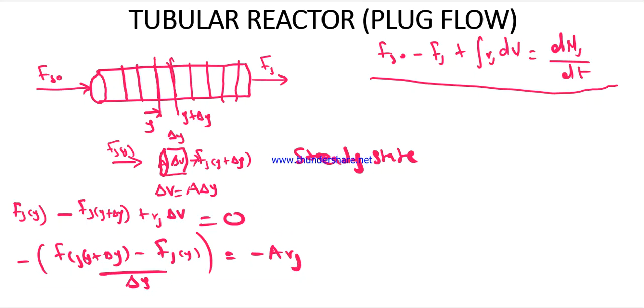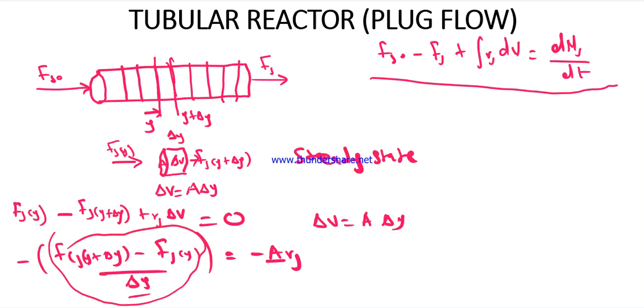Remember I said delta V is equal to A delta y. So that is why we have A and delta y here. This looks like a derivative form in calculus. And as a result, we are going to have minus A rj equals dFj/dy.